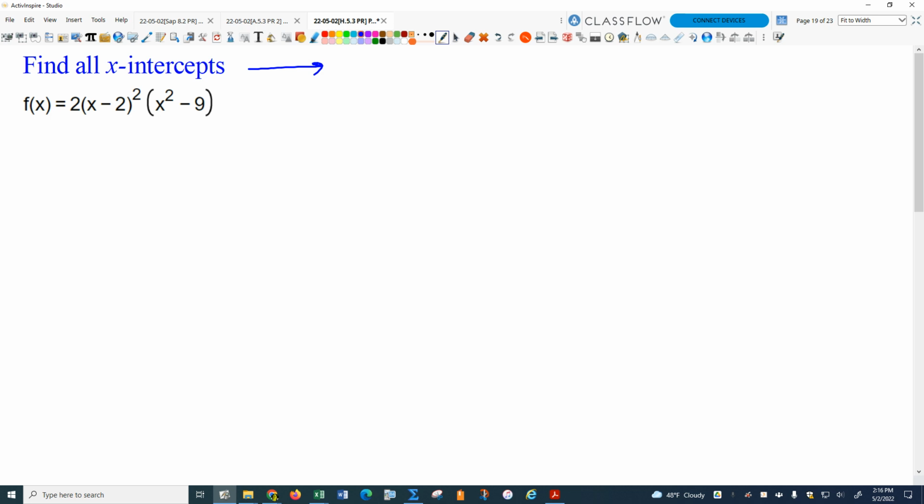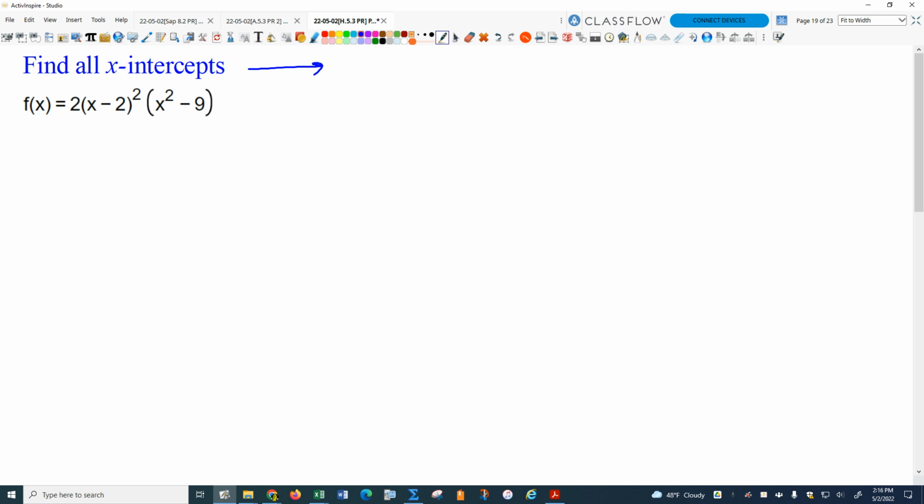If you thought about a graph of a function and you were trying to identify the x-intercepts, where would you look? Where y equals 0. Okay, where y equals 0, right? Where it's crossing the x-axis, which is always where y equals 0, right? Okay, so y is just f of x, so in other words, we're trying to find the zeros of this function.